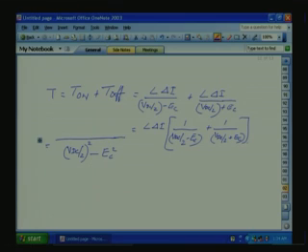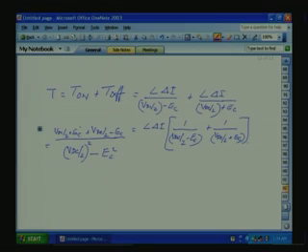Here the numerator will be VDC by 2 plus EC plus VDC by 2 minus EC, that is from this one.